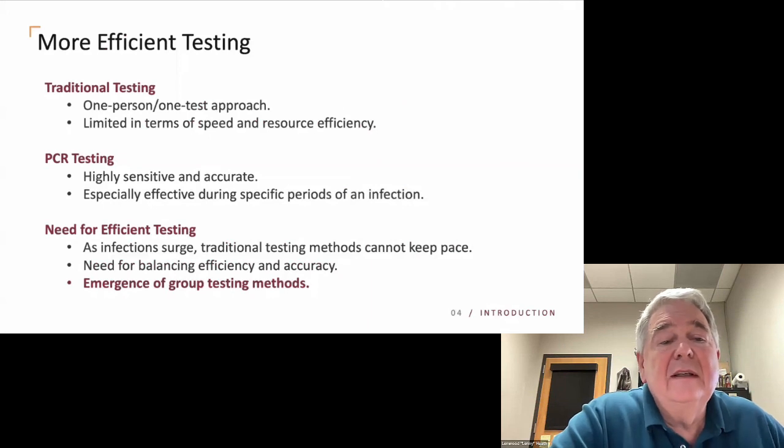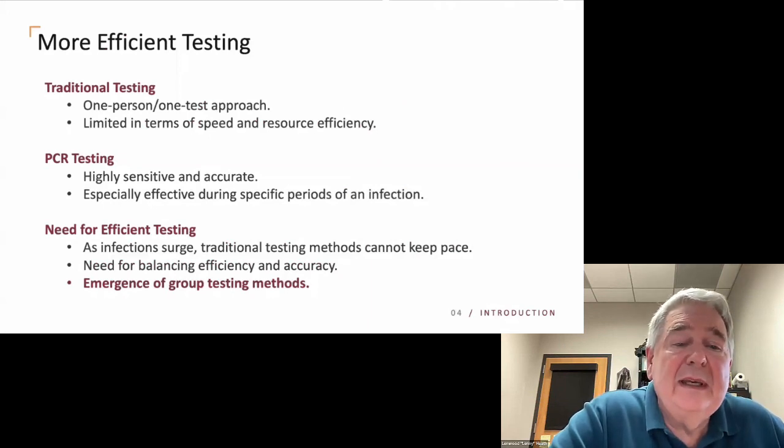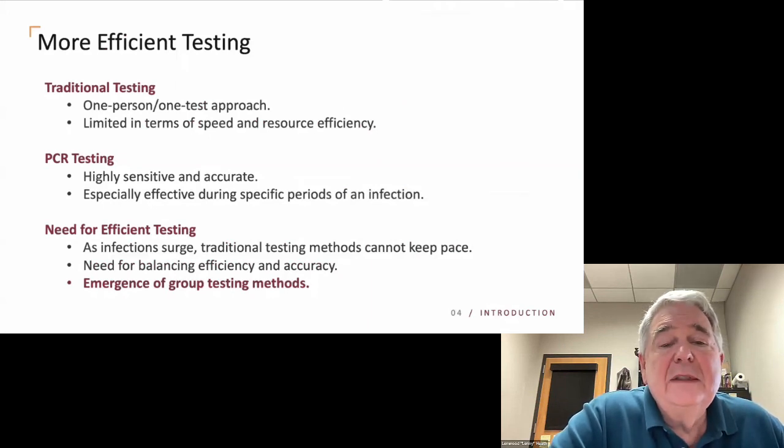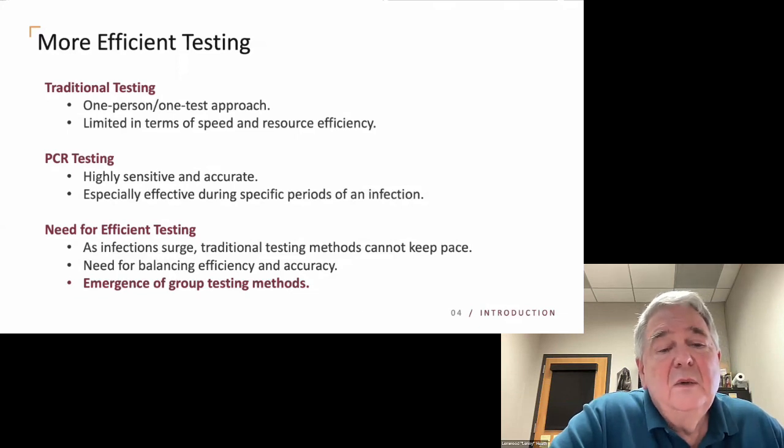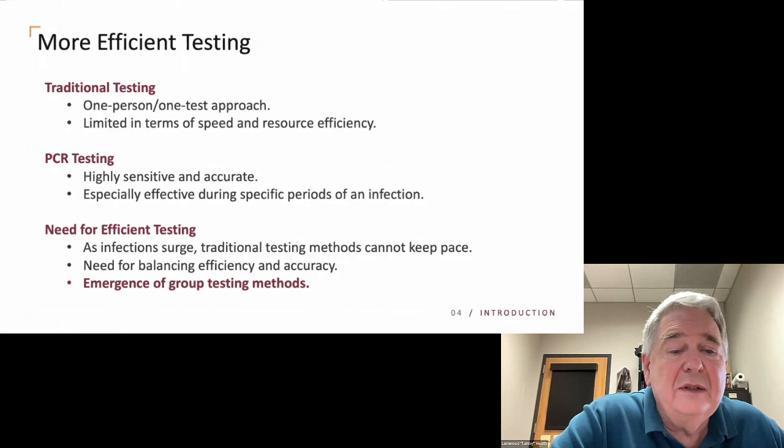Typical testing is one person, one test. This is limited in terms of the use of the resources that are used. And in particular, we think of PCR testing, which is highly sensitive and accurate, but takes some time.